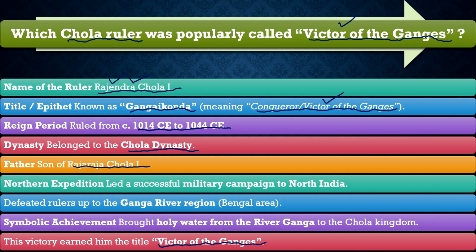How and why did he earn the title of Victor of the Ganges? This line is very important. He brought holy water from the river Ganga to the Chola kingdom, and that earned him the title Victor of the Ganges.